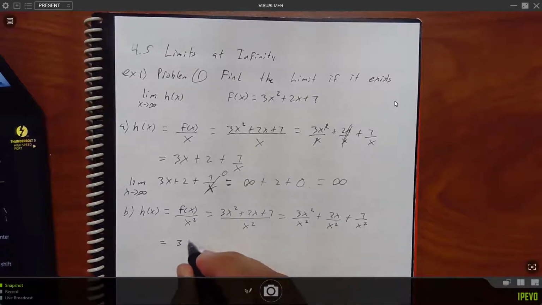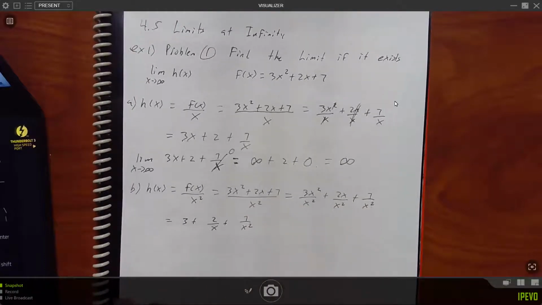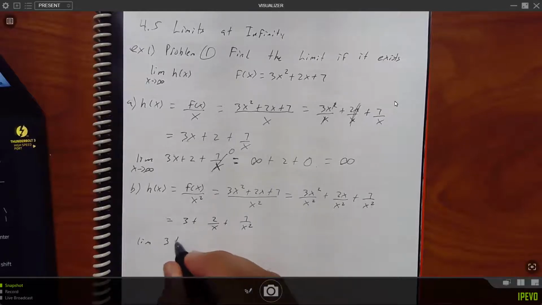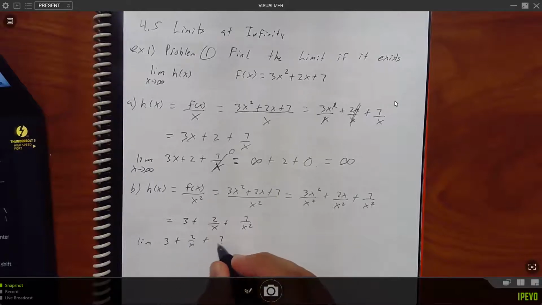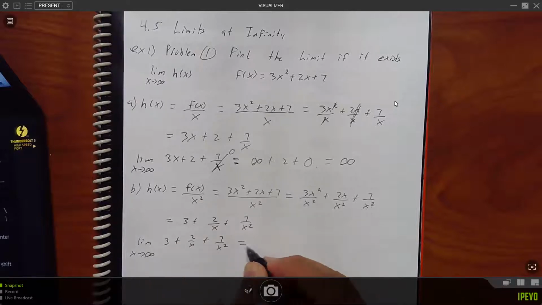That'll be 3 plus 2 over x plus 7 over x squared. So now, go ahead and take the limit. So the limit of 3 plus 2 over x plus 7 over x squared, as x goes to infinity, what will this be?